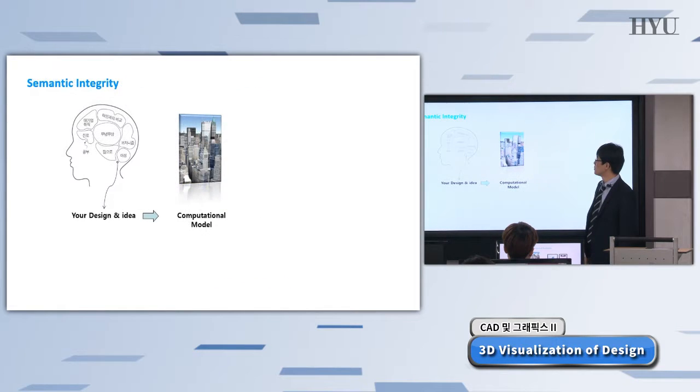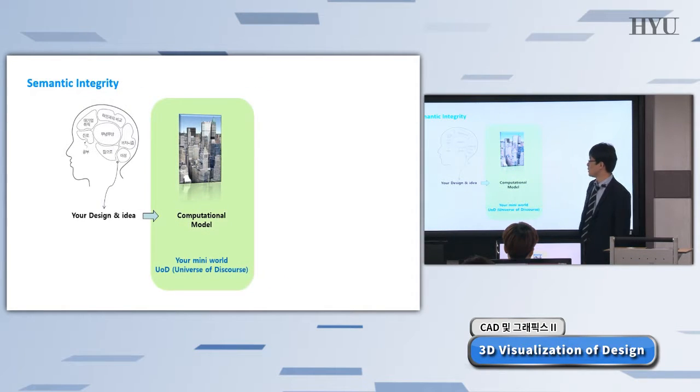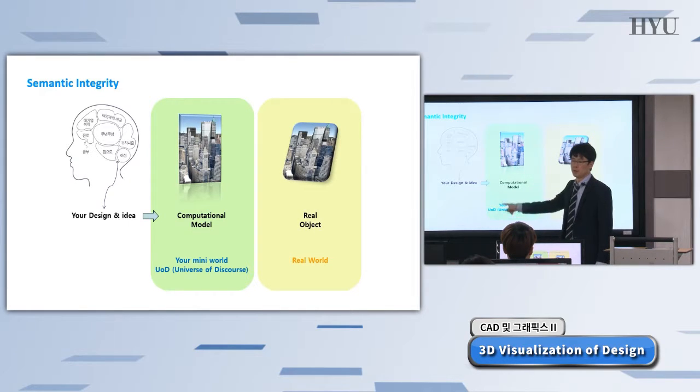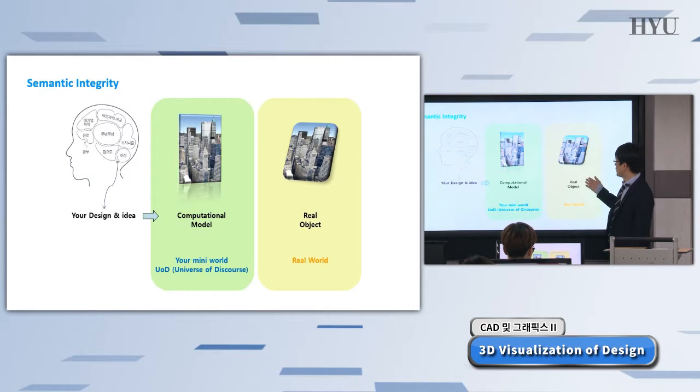Using this one source for this kind of multi-use is our common process of design visualization. But in terms of this kind of visualization, here is your computational model, which means your mini world, the so-called universe of this course. In this universe, it is kind of virtual, in your computer application. But in the real world, they are supposed to be real objects, not yet built, not yet realized.